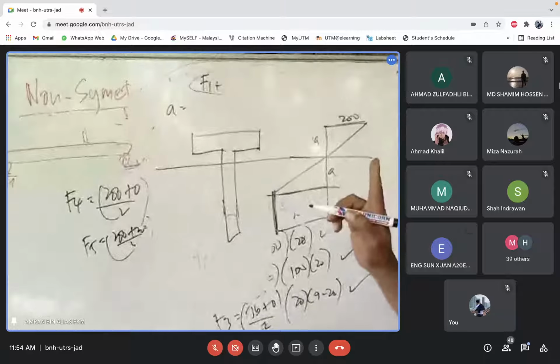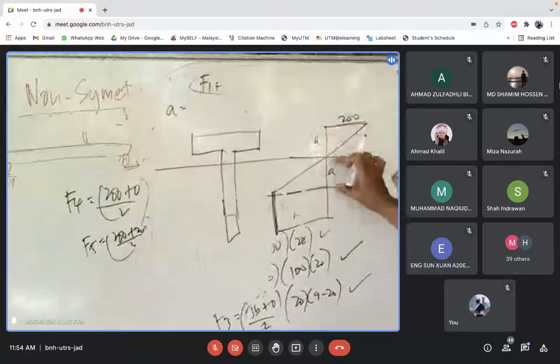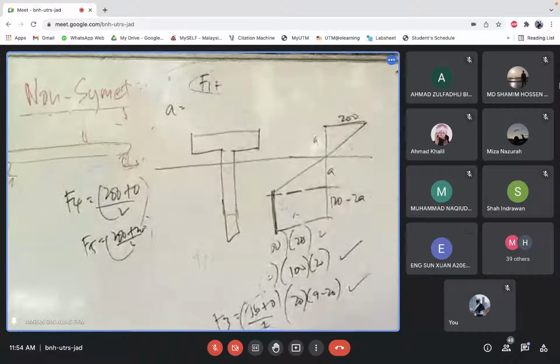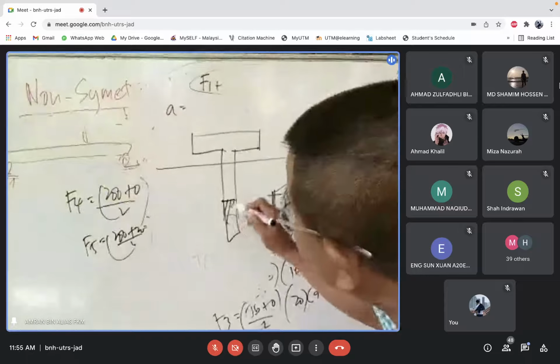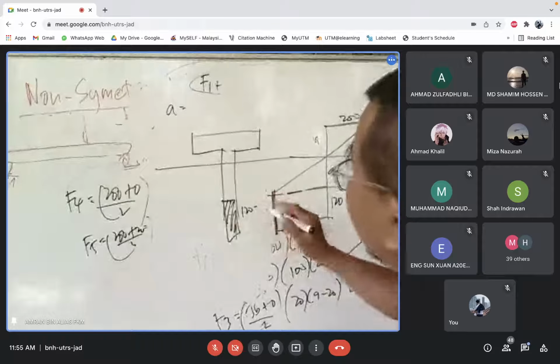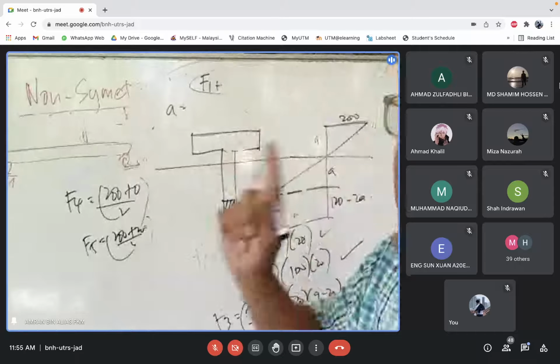You see that? Triangle and triangle, A and A. So this must be 120 minus 2A. Can you see that? So the length of plastic here is 120 minus A. This is all the decision that you have to make when they say the top surface becomes plastic.